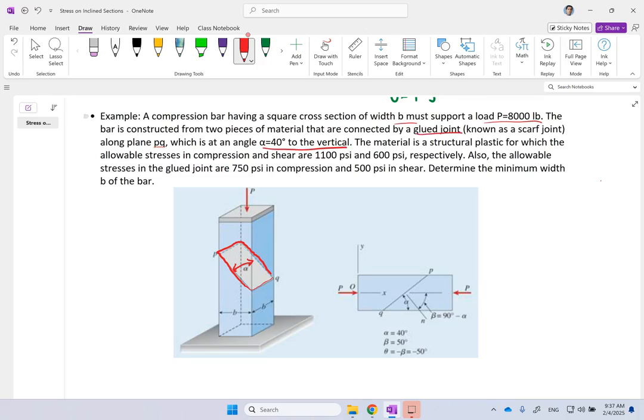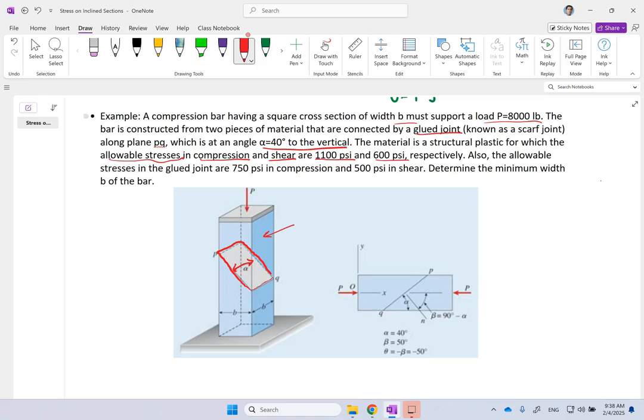Now, the material is a structural plastic for which the allowable stresses in compression and in shear are 1100 psi and 600 psi. So basically, in this material, the allowable sigma and allowable tau are those numbers.